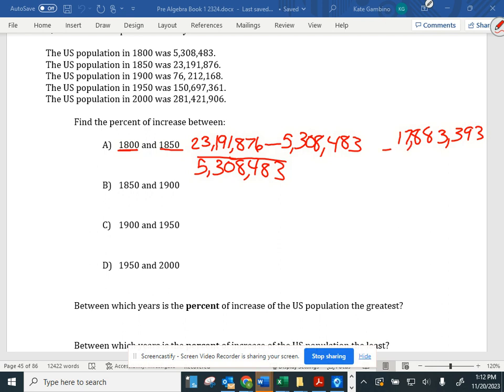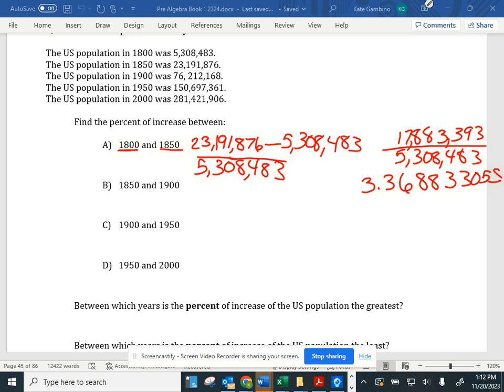So 17,883,393 divided by 5,308,483, I get 3.368833055.